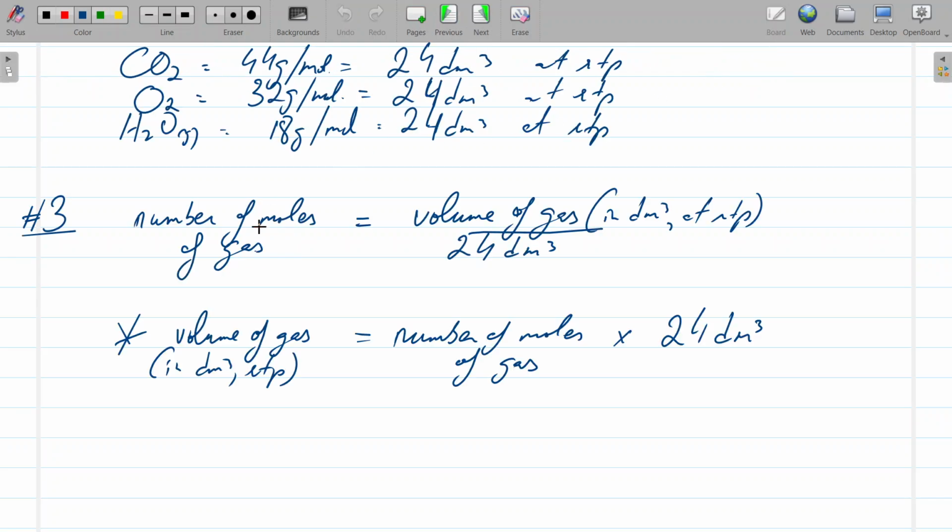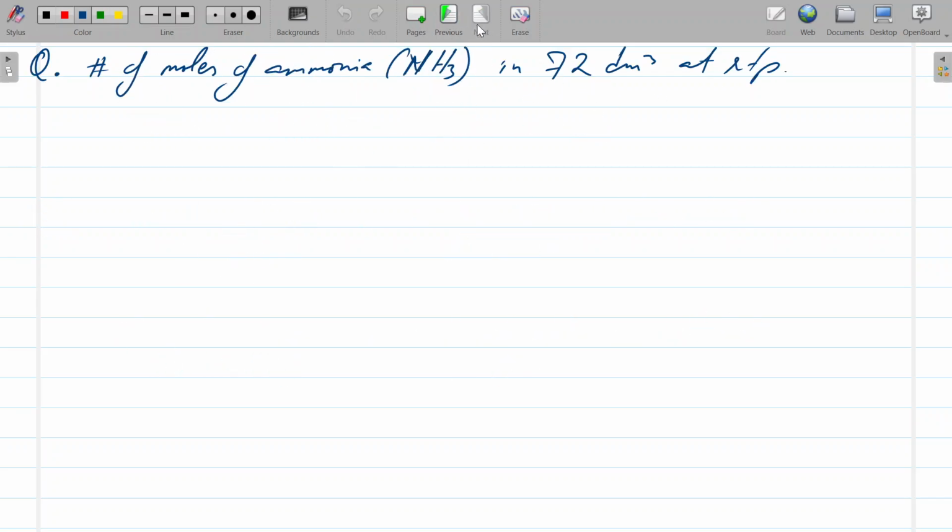Right, and so to find the number of moles, we do volume of gas divided by 24. And so number of moles equals 72 divided by 24, which gives us 3 moles. Simple.